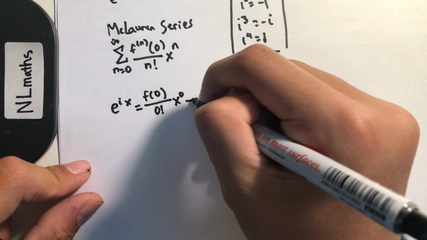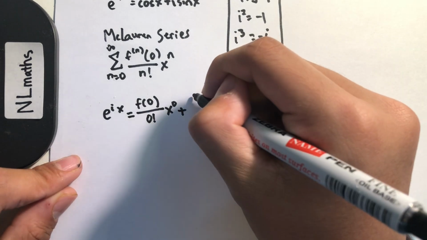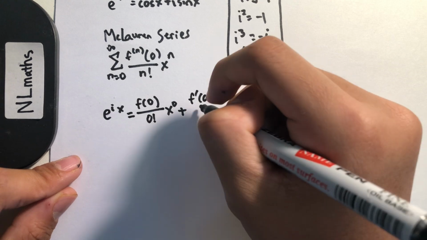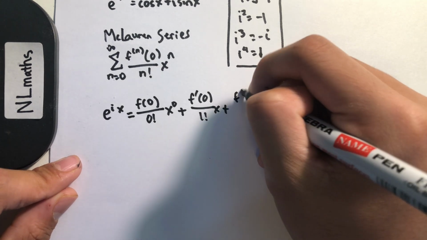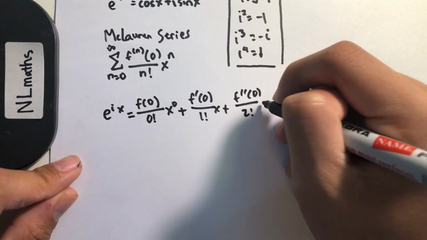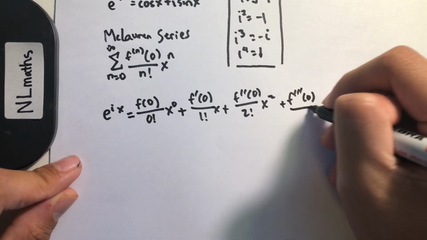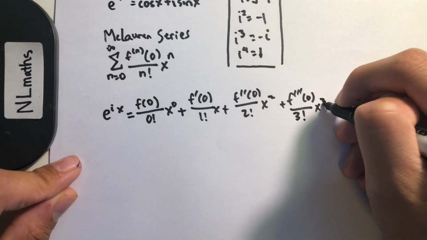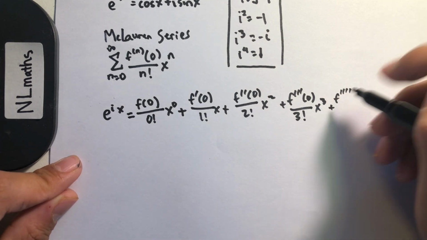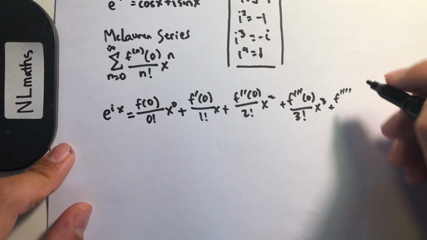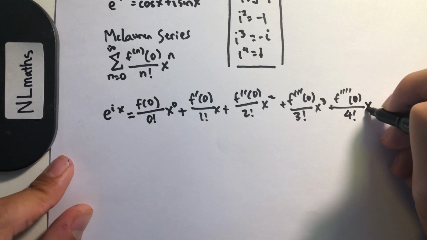And then we plus, and I'm going to do all of these to the 5th term, plus f prime of 0 over 1 factorial x, and then you can see a pattern really, f double prime of 0 over 2 factorial x squared plus f triple prime of 0 over 3 factorial x cubed plus f to the 4th, oh, I should start writing it in this form really, of 0 over 4 factorial x to the 4.